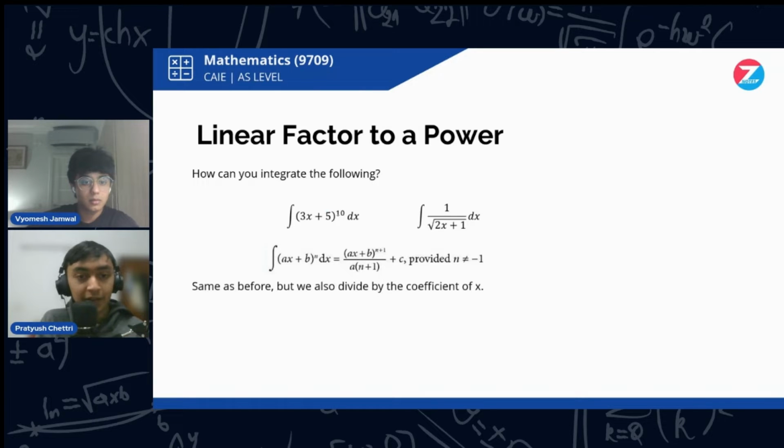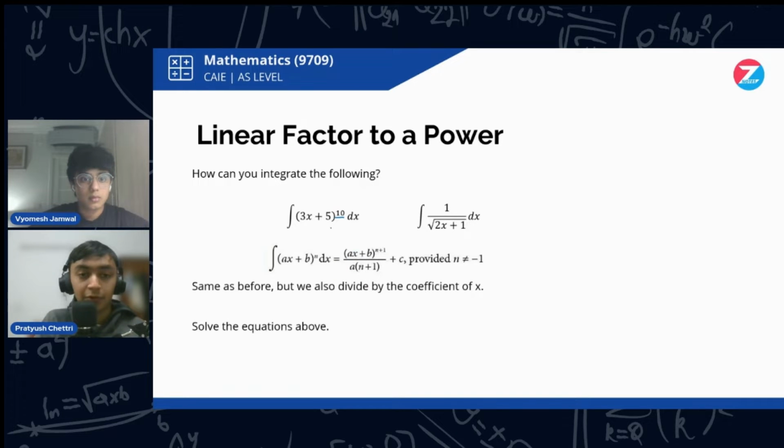Same thing. We use this power. We increase that power by 1, divide by the new power, and we divide by the coefficient of x as well. I like to think of this as a reverse chain rule, sort of.